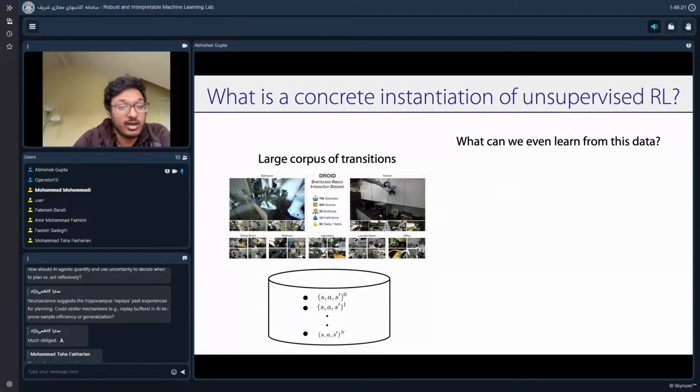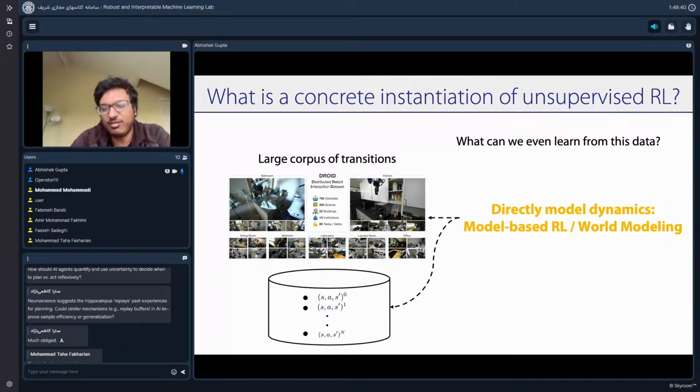But now if I have a large unsupervised corpus of data, what do I even learn from it? In the MDP formulation, I've given you access to the transition dynamics, but nothing else. So the direct conclusion is that if you give me a large corpus of unsupervised interactions, the right thing to do is to model the dynamics of the world, how the world transitions from one state or observation to the next.